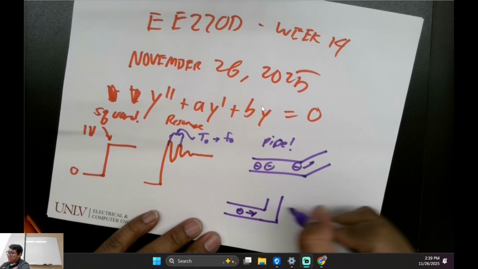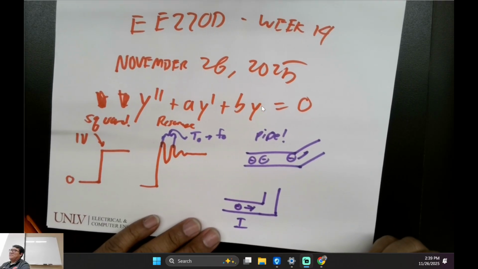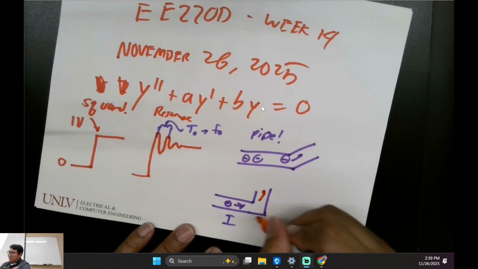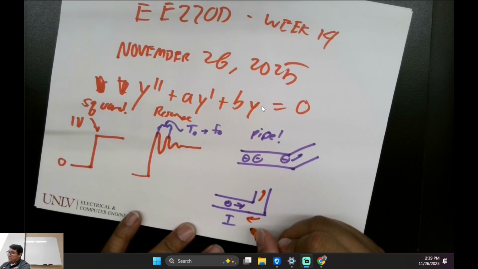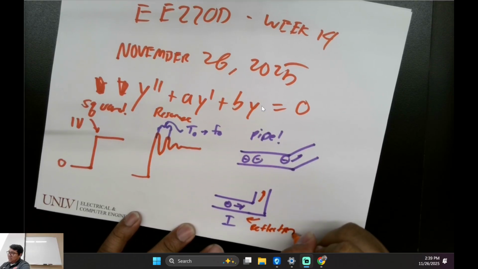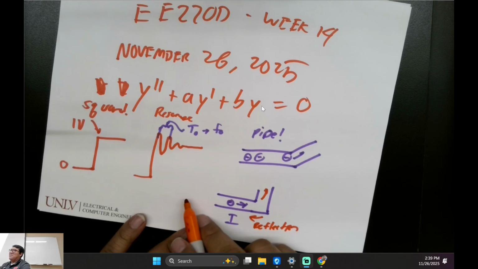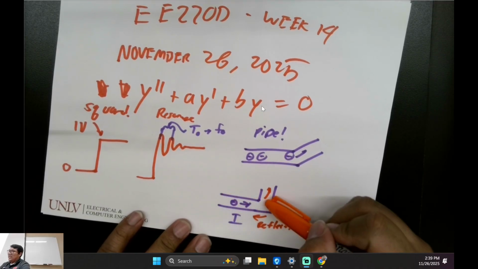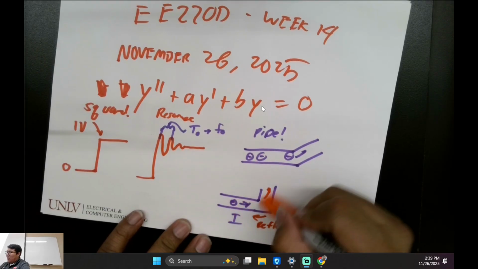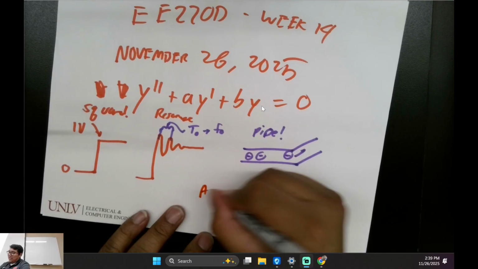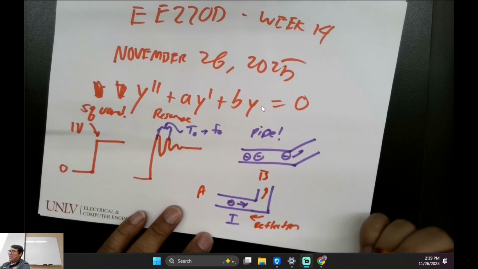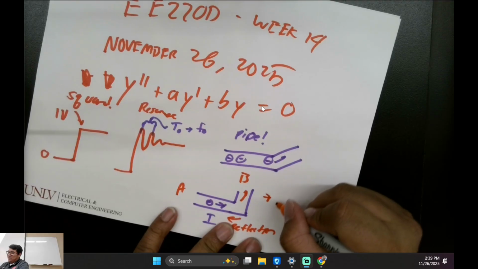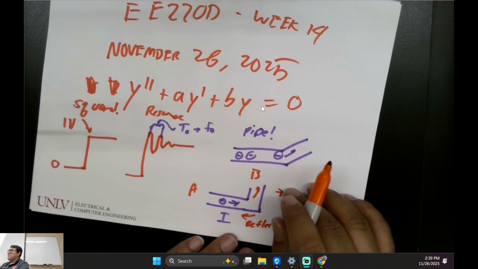Your electrons are going along at current I, but there's a chance you'll have some reflection coefficient, so you see some of the signal come back. Ideally we want all the signal, your transmission, your actual current, to go all the way through your system, from point A to point B. With a two-terminal network, this is more like an introduction to S parameters, but I don't want to get too complicated. Is that what you're talking about?